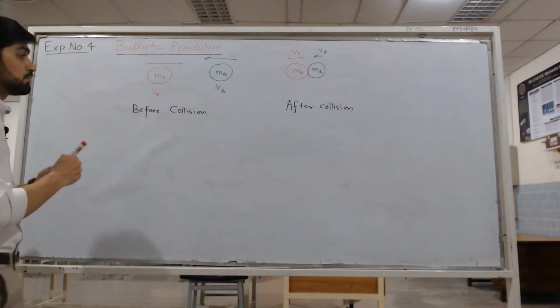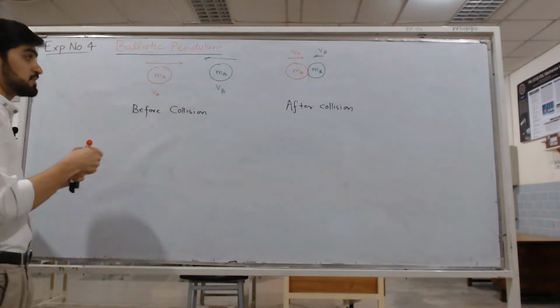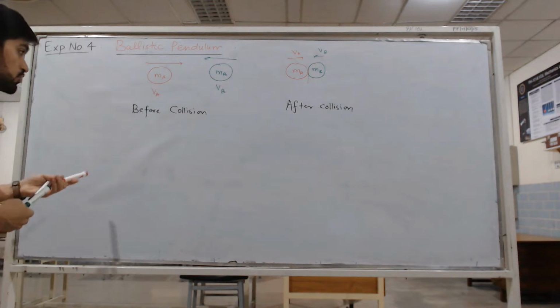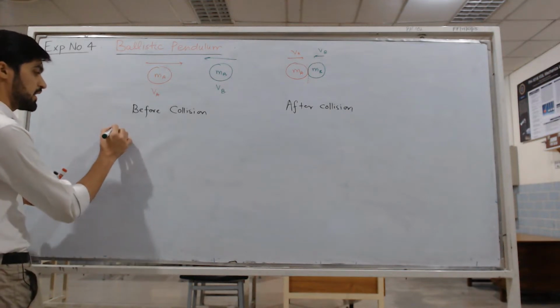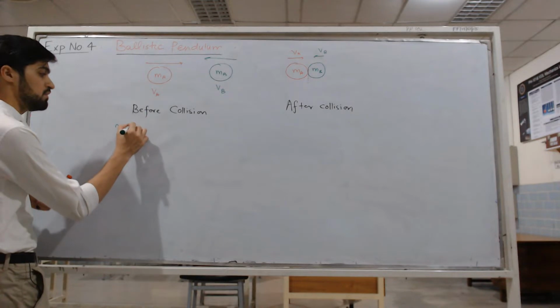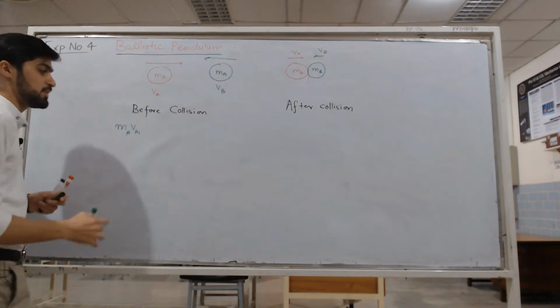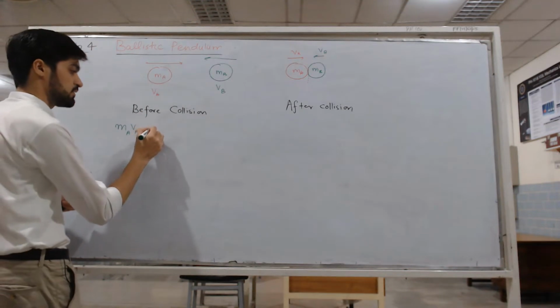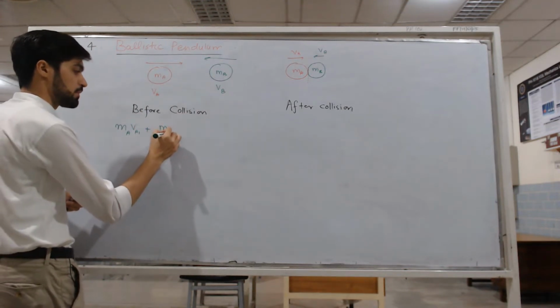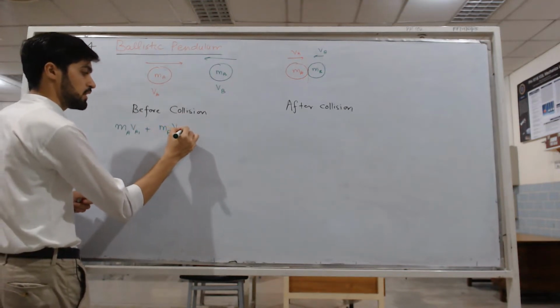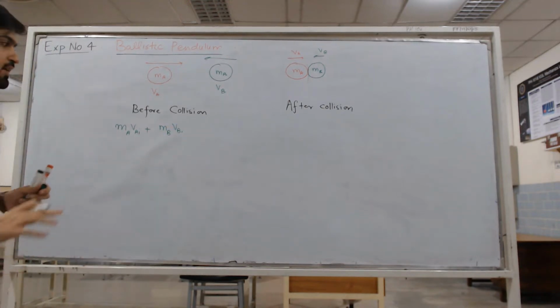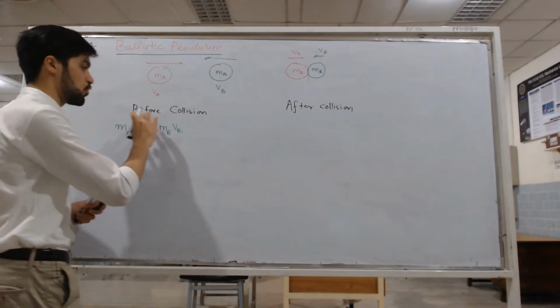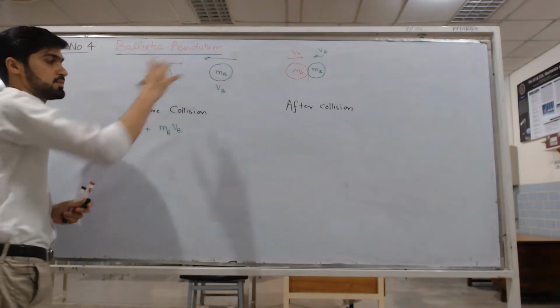So let's say this is a body of mass m_A, v_A. So the initial momentum, I can write it like m_A v_Ai. This i represents the initial momentum of this ball. And let's say for this body, m_B v_Bi. So this is just for understanding how we write the equations. So this is the total initial momentum of these balls.